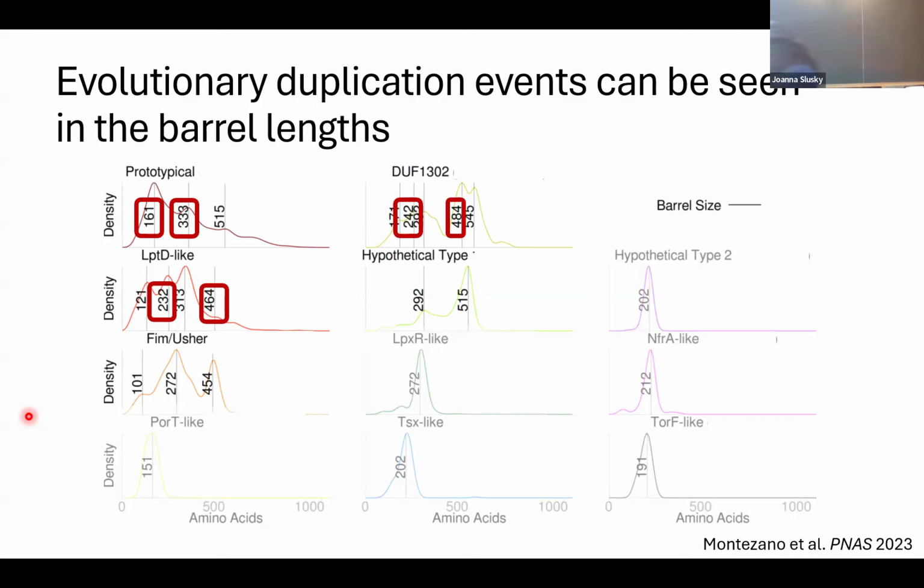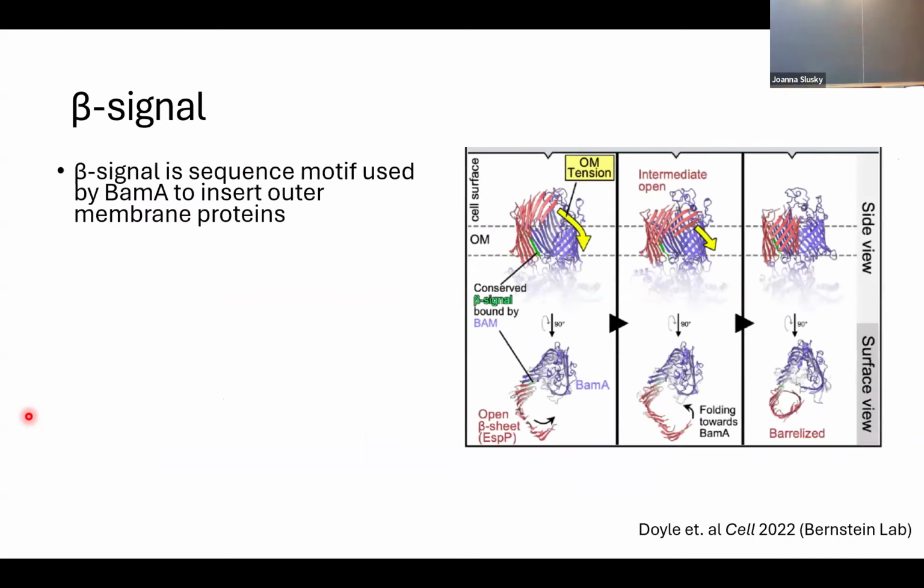Now, another thing we were able to see was the beta signal. So you've probably heard about signal sequences for targeting the membrane, in terms of signal peptide. Beta barrels have to go through the inner membrane translocon and then to the outer membrane. And so they have the signal peptide at the N terminus. But at the C-terminus, they also have something of a known sequence motif.